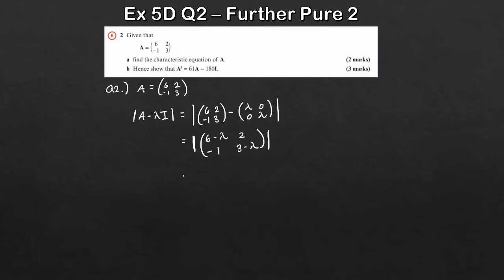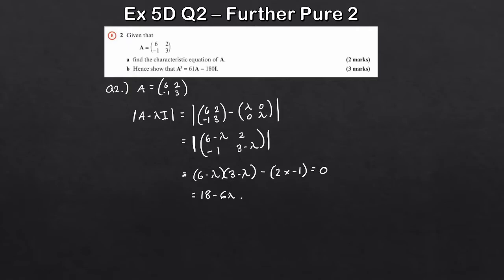So working out the determinant here should hopefully be straightforward. I'm going to do 6 minus lambda times the diagonal opposite, so 3 minus lambda, and then I do minus 2 times minus 1, and this is all equal to 0. So 6 times 3, that's 18. 6 times minus lambda gives me minus 6 lambda.